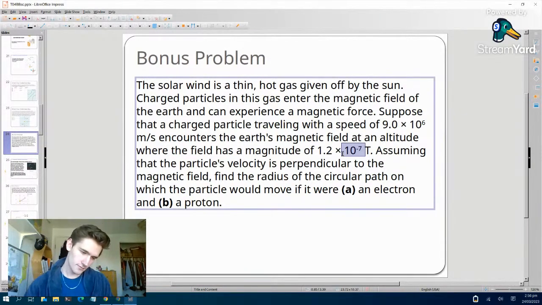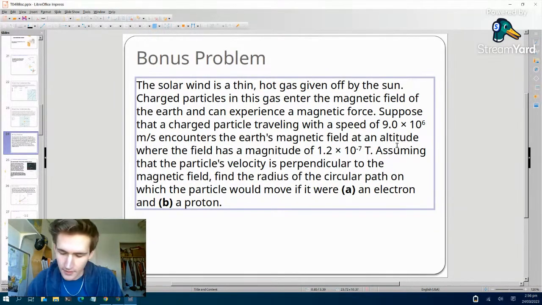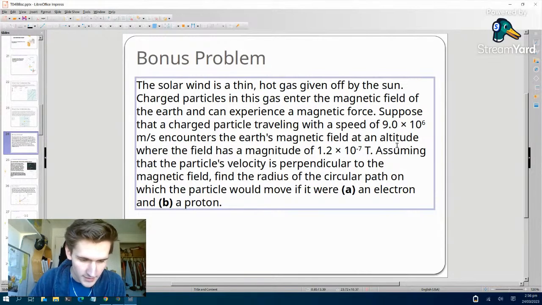Okay, so that gives us a force, which is 1.73 times 10 to the negative 19 newtons.